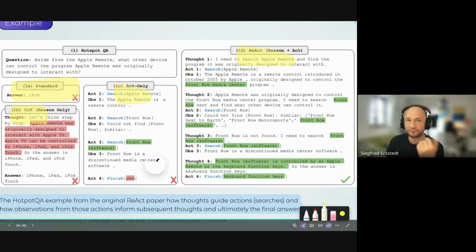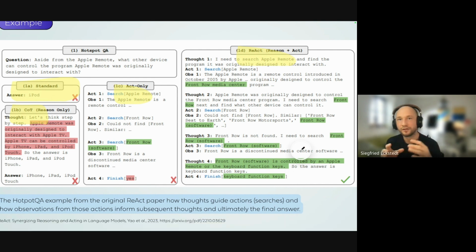This is what they have compared, and they found that the combination of thinking first, then launching an action, observing what the action has resulted in, works best.